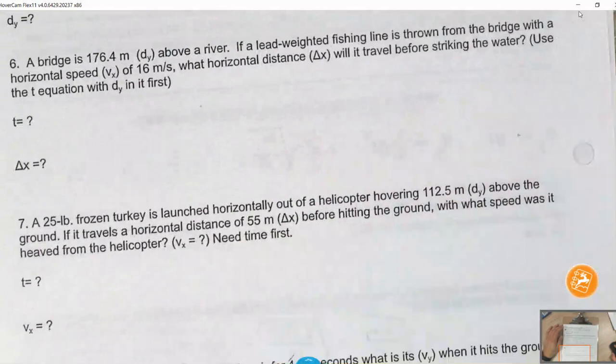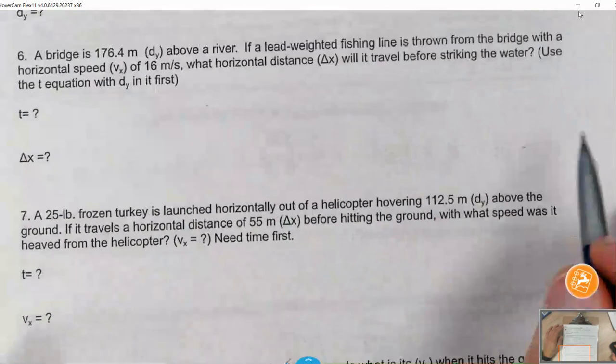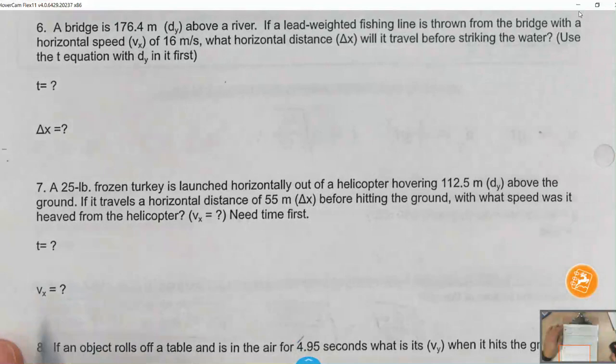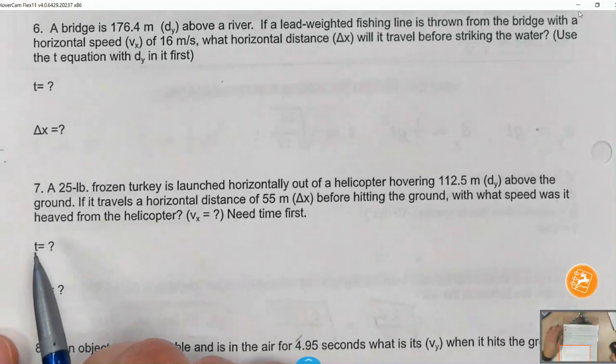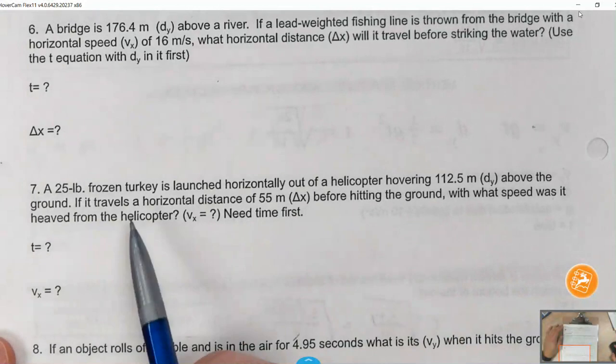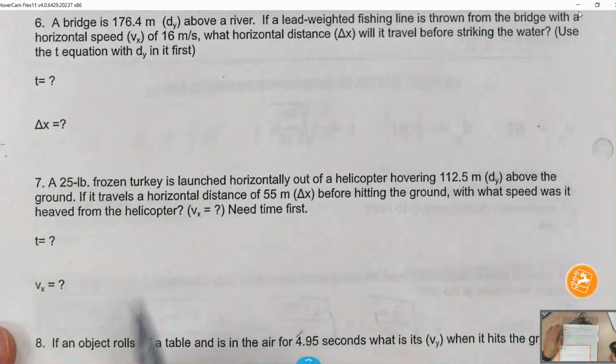A 25-pound frozen turkey is launched horizontally out of a helicopter that is hovering at 112.5 meters above the ground. If it travels a horizontal distance of 55 meters before it hits the ground, what speed was achieved from the helicopter? Okay, so we do need time first.